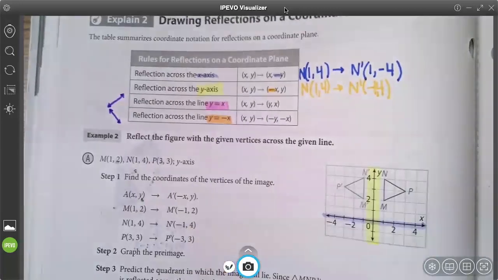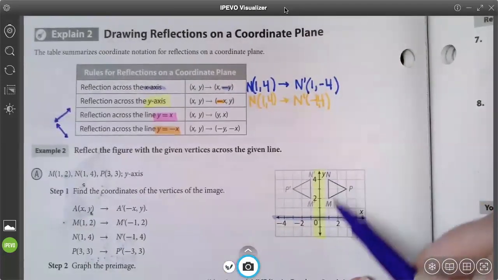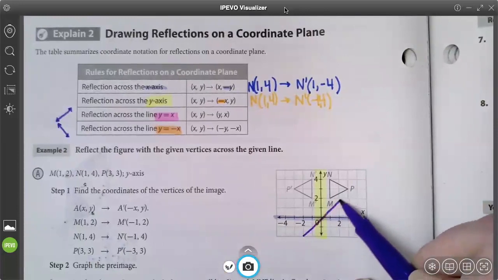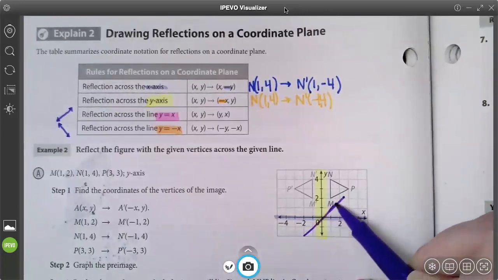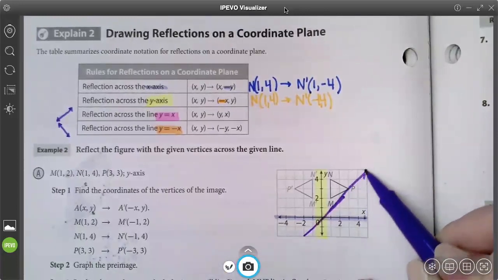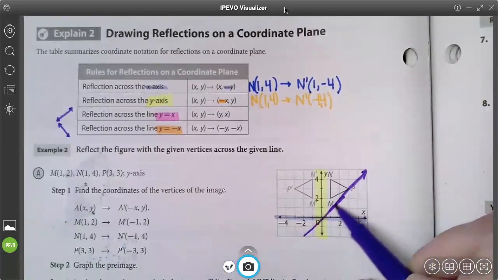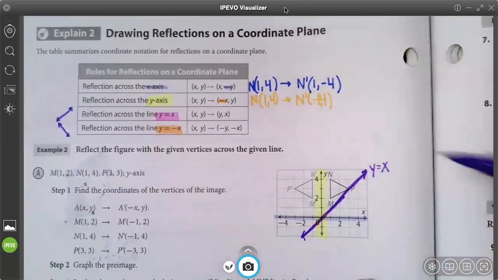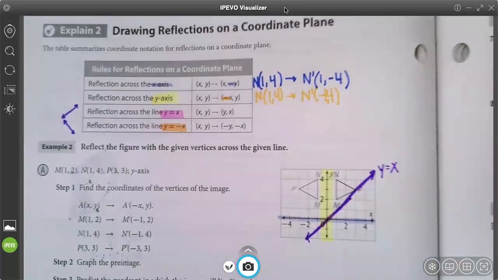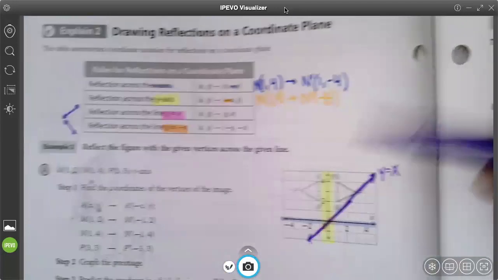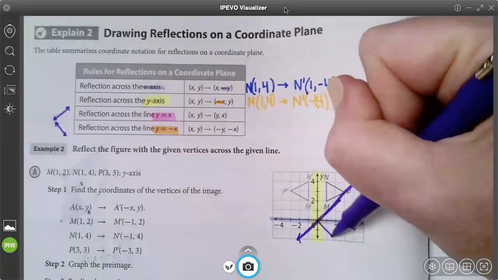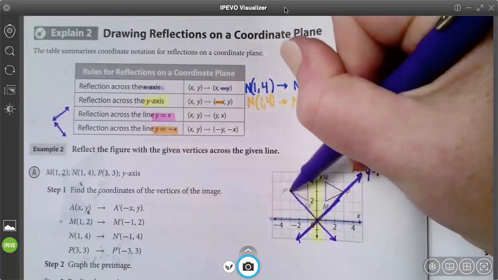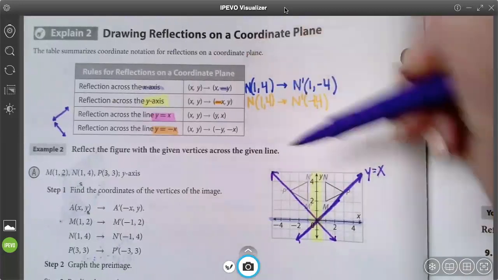So what that would look like on a graph like this, y equals x goes through 0, 0 and has a positive slope. Just like that. That is the line y equals x. And y equals -x is going to go the opposite direction. So see how this slope is negative, even though they both cross through 0, 0?